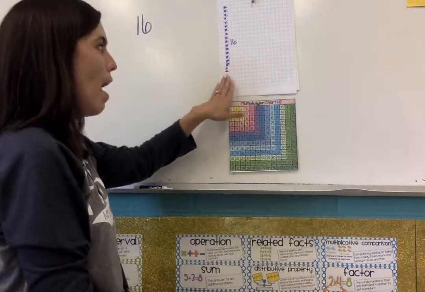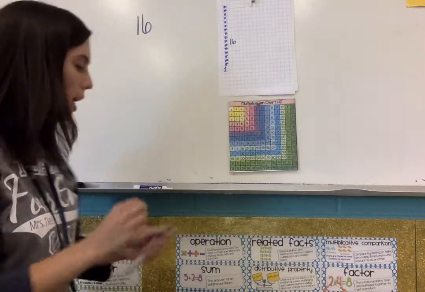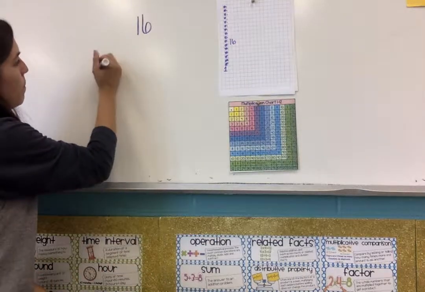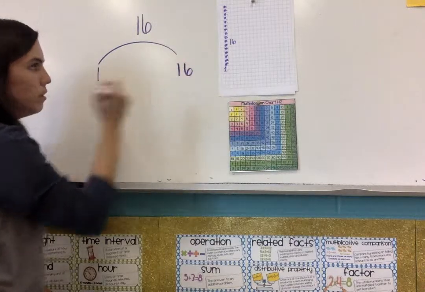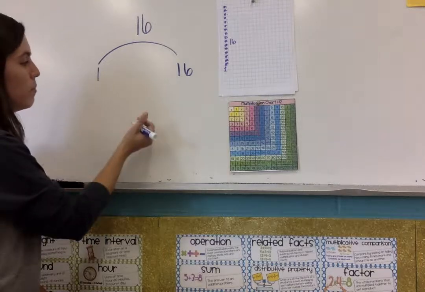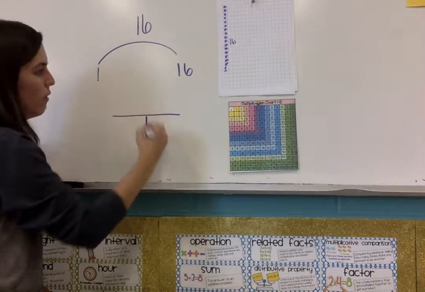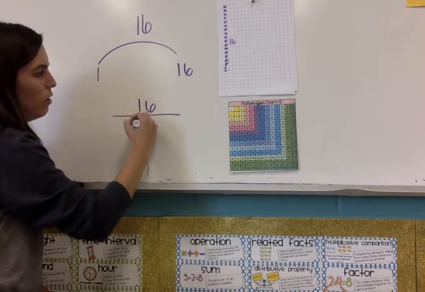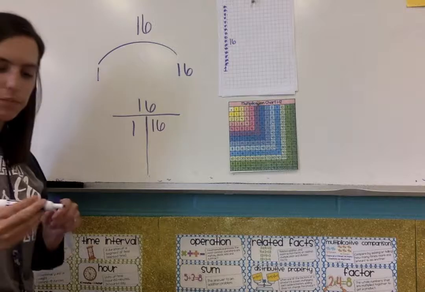So I have a 1 by 16 array. That tells me that 1 and 16 are factors of 16. You can use your factor rainbow, or if you like a T-chart better, you can use a T-chart to write down your factors, 1 and 16.